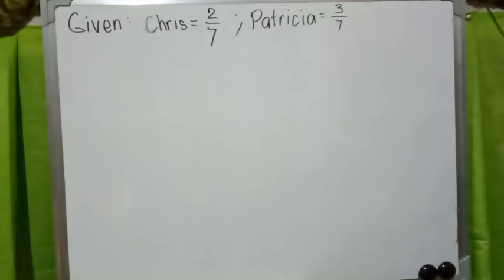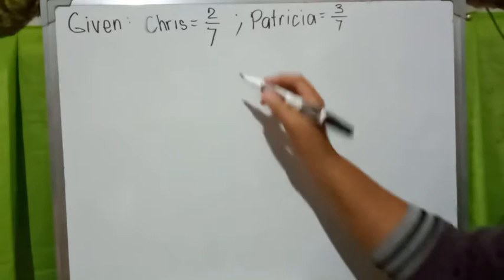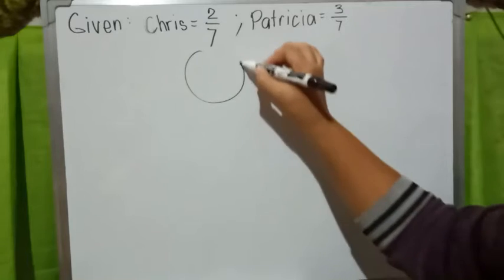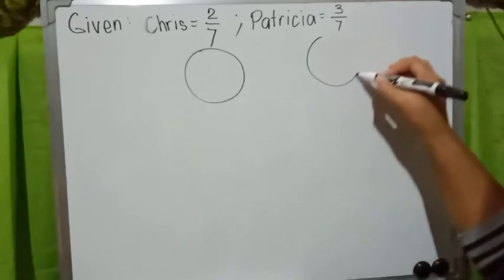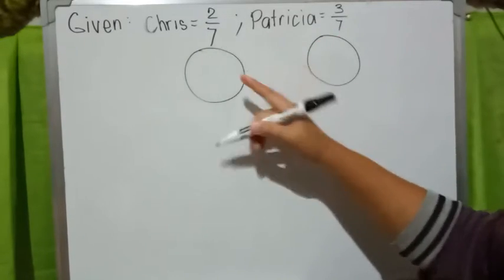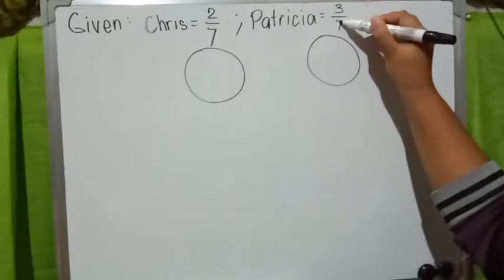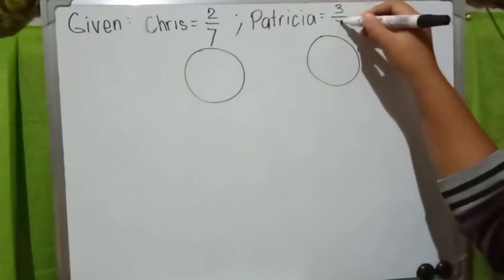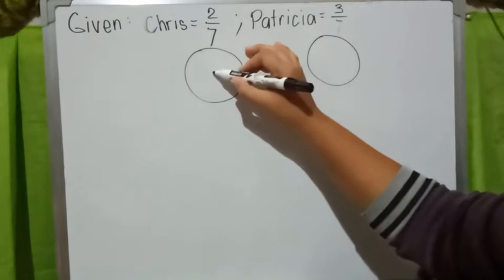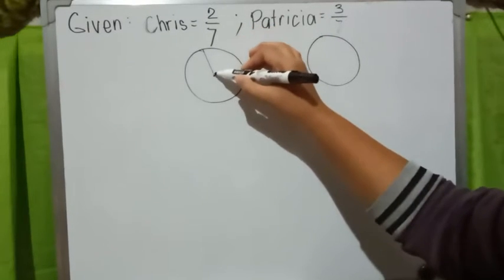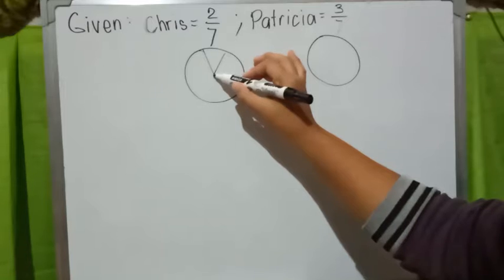If we illustrate this into a pie, we can identify which has more or less slice of cake. So we'll encircle here and cut it into 7 parts.